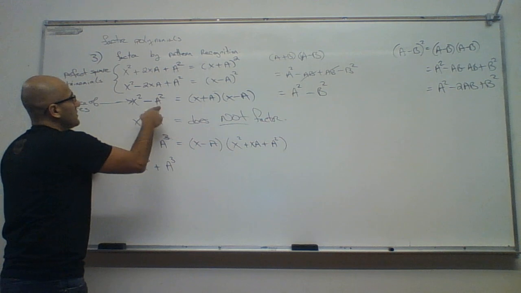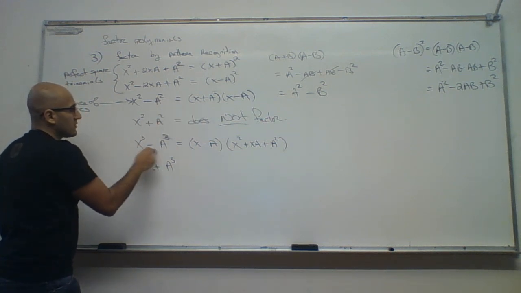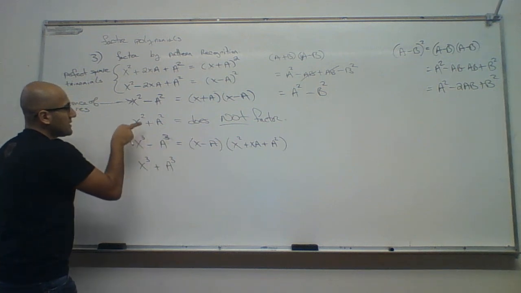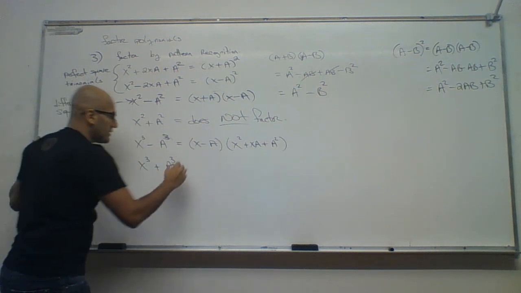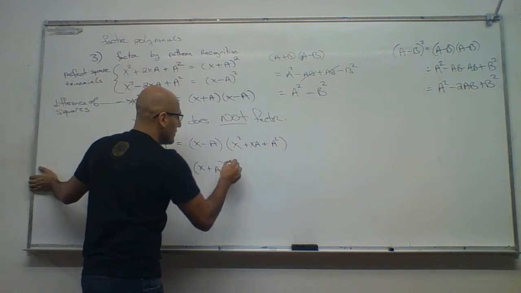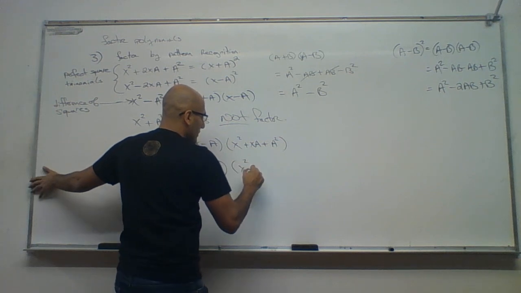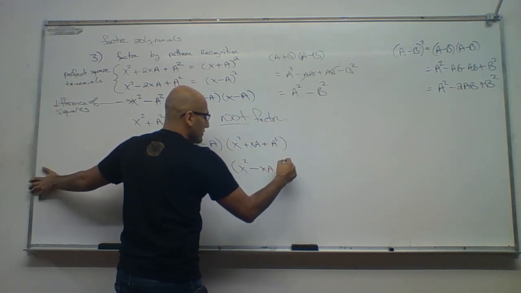So subtraction of two things being squared does work. The subtraction of two cubes also works, but the addition of two squares does not work. It's not factorable, but the addition of two cubes is factorable. And this is going to be x plus a times x squared minus xa plus a squared.